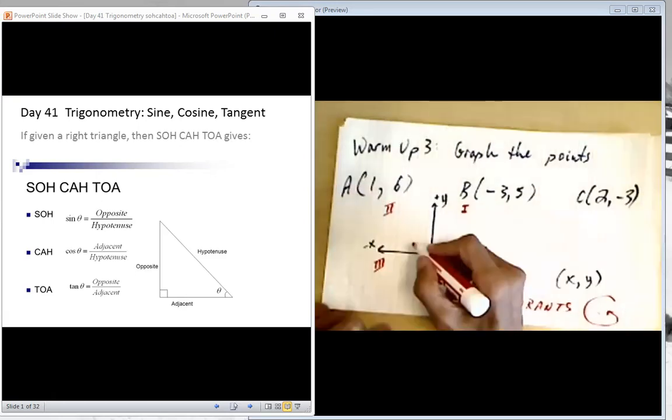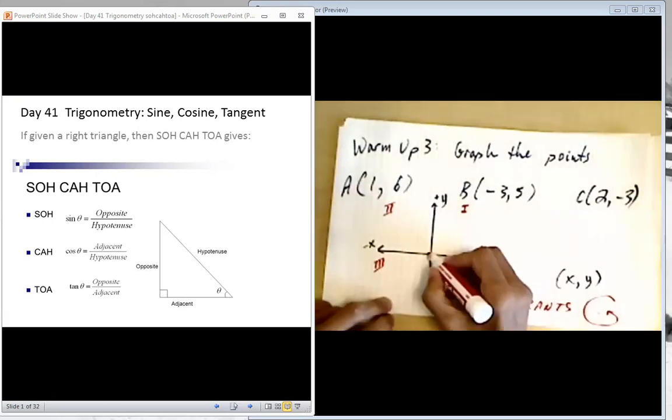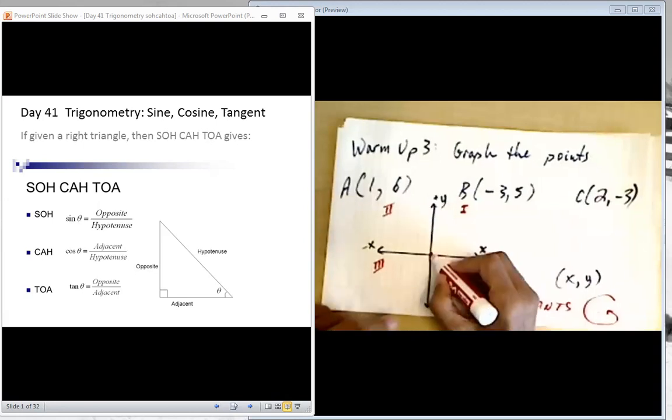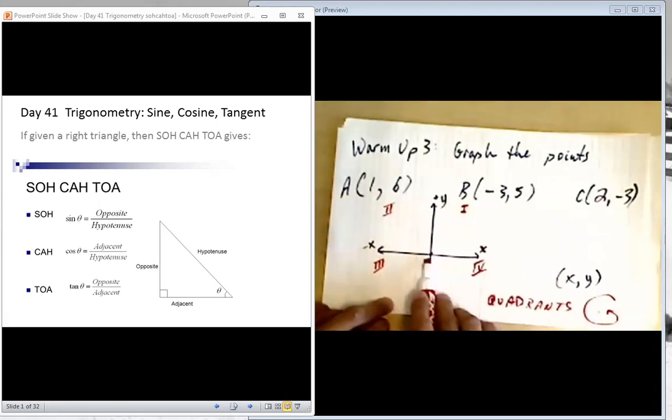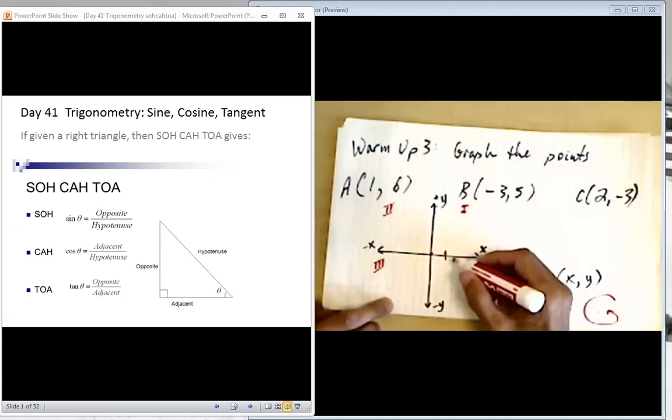Where's my pen go? Starts here. Help me out. Which way? Right. You tell me when to stop. Up to the one. Okay, so it goes to the right, how far? 1. Okay, so I'll put 1 there, and then up by 6.